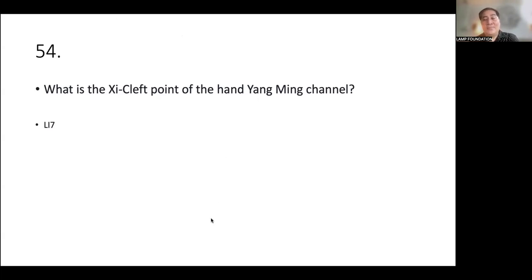But again, the celebrated point for shoulder pain is stomach 38, ipsilateral. For shoulder pain, I tried using the ear as well.